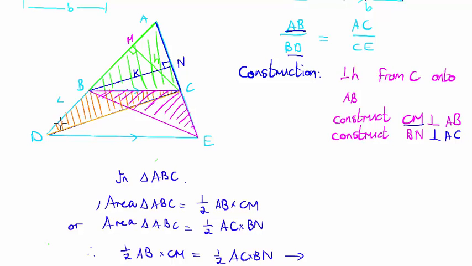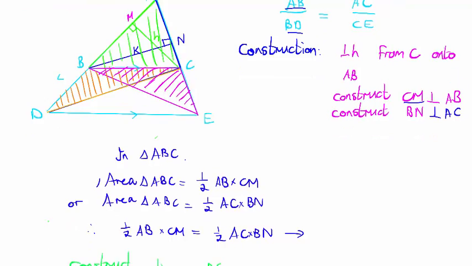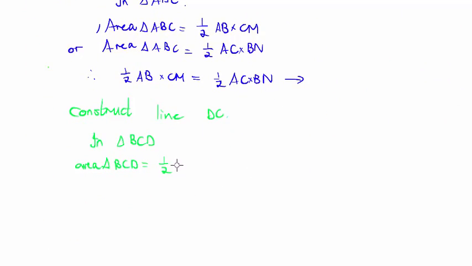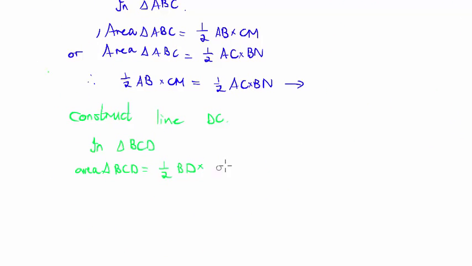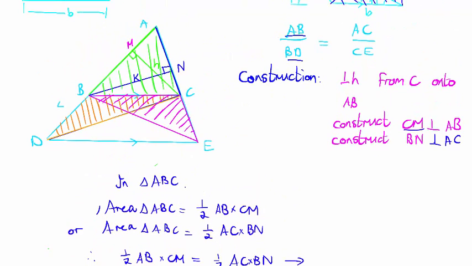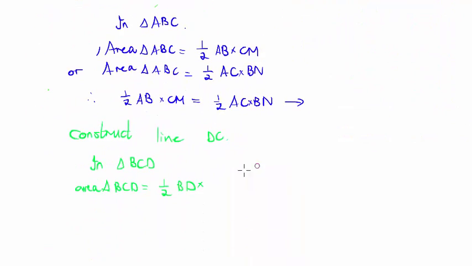I want to use that base so that I can use that height. So in triangle BCD, it is a half BD, I think it was BD, yeah, half BD times the perpendicular height. I've now called this perpendicular height CM. So times CM. Okay?